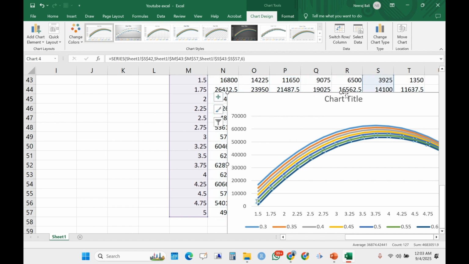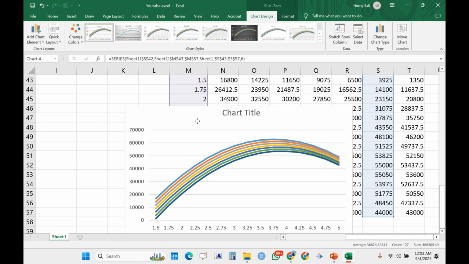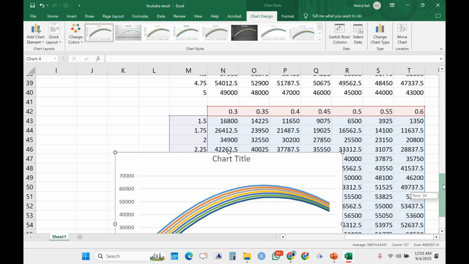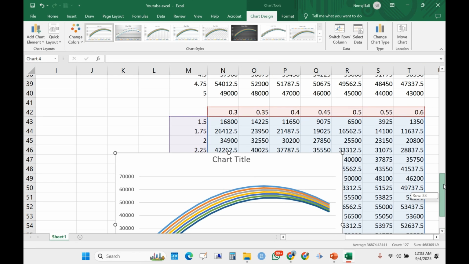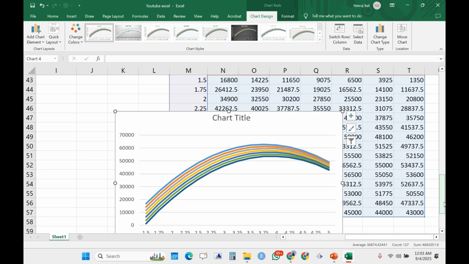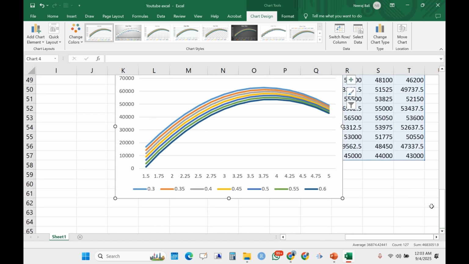Whatever I click, the range will get highlighted. What are these? These are nothing but the profits. These lines are the profits at various price ranges, right? So profit at 0.3, 0.35, 0.4, 0.45.